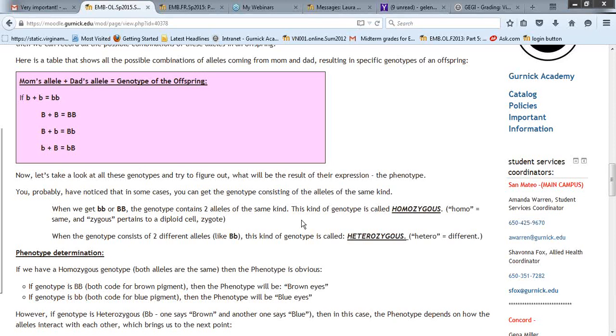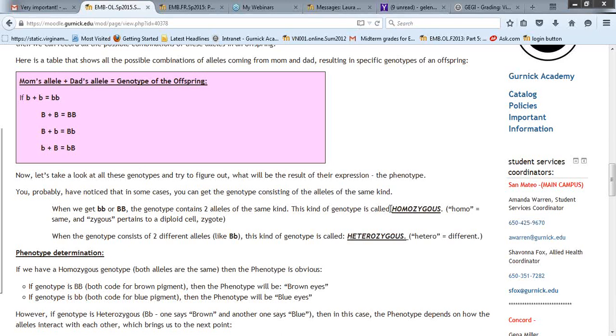In that case, that type of a genotype, we call it homozygous. Homo for the same, zygous for a zygote. So think of a zygote as the first diploid cell that you started from. So homozygous genotype is when you have two alleles that are the same.